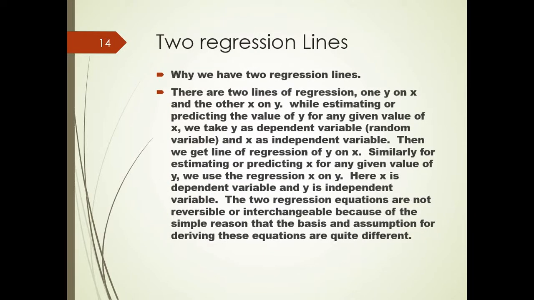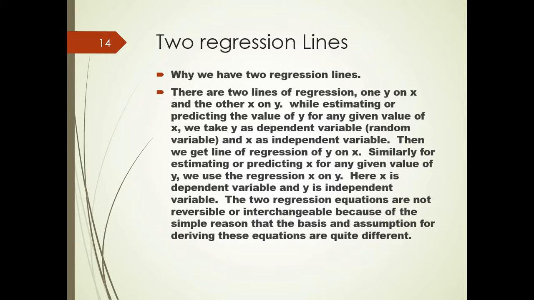So the question is why this happens, why we have to have two regression lines. This is because of the basic assumption that we made in the initial stage about the error term, when we add e. So when we fit y on x, that is, when we fit the regression line with y as the dependent variable and x as the independent variable, we assume that y is a random variable and x is a non-random variable.